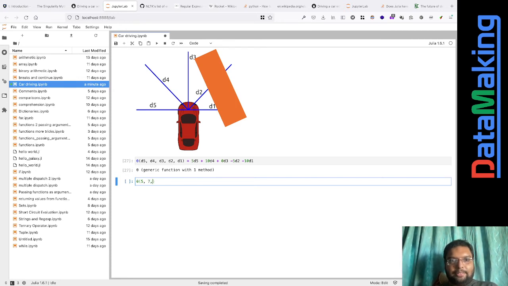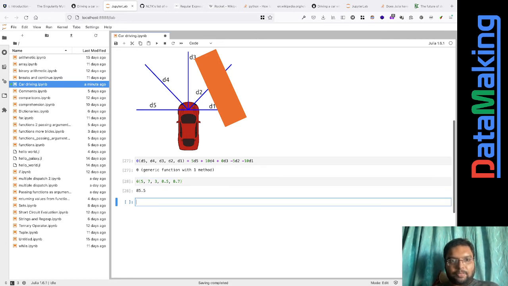D3 is like 3 meters. D2 is going to hit something, so like 0.5 meters, and then D1 is like 0.7 meters. Now the angle is 85.5.